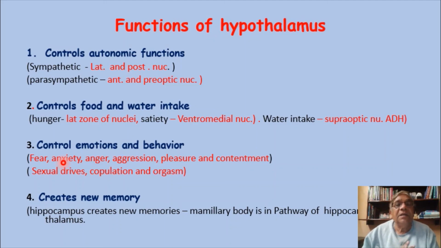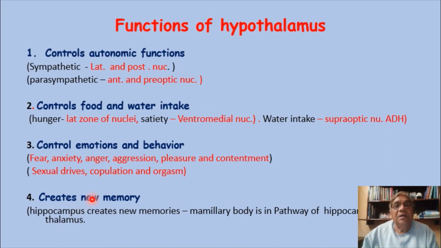They are the emotional components of a person, and they are controlled by the hypothalamus. Similarly, the sexual drive, the desire to have sex, copulation and orgasm, are ultimately controlled by the hypothalamus.